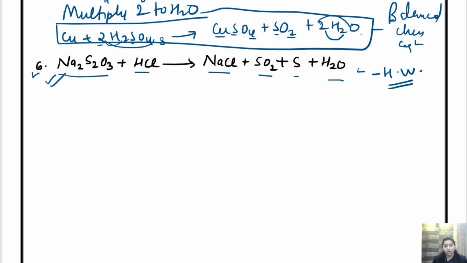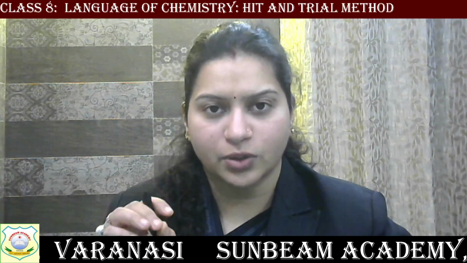Okay? What you will write in your fair notebook is that you will write today's date. Okay? You will write language of chemistry. You will write the heading balancing of a chemical equation by hit and trial method. Okay?